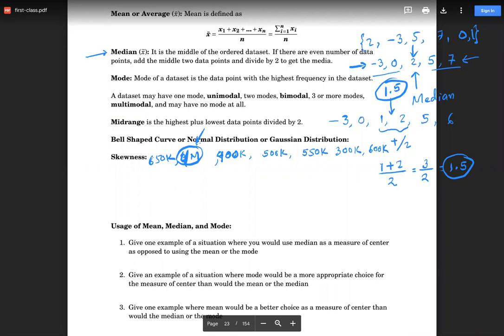Now, if I want you to find the average home price, you add all of these numbers. So let's try it: 650 plus 4,000 plus 500 plus 550 plus 300 plus 600, all of it divided by 7.